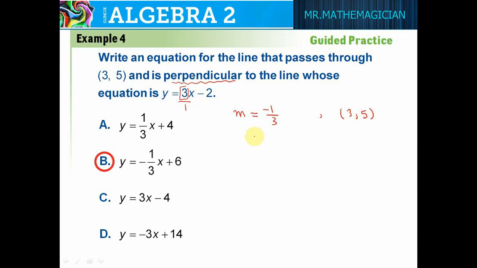Now you have the point (3, 5). So let's start with the point slope form. y minus y1 equals m times (x minus x1).